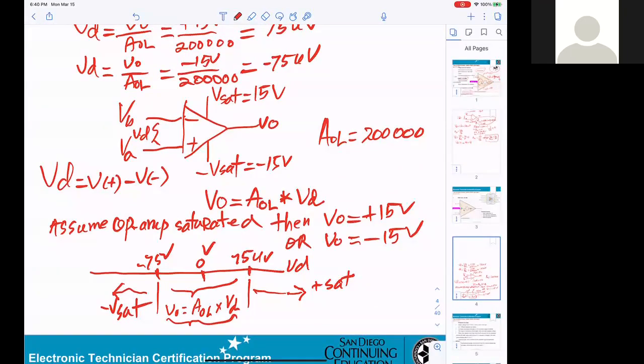So it turns out if the differential input voltage is between plus and minus 75 microvolts, the output is the open loop gain times the differential input. But if the differential input is greater than 75 microvolts, then the output is limited to either plus or minus VDD with saturation.